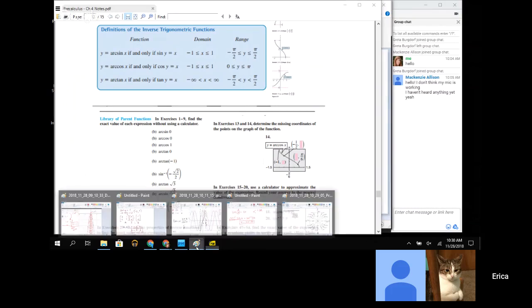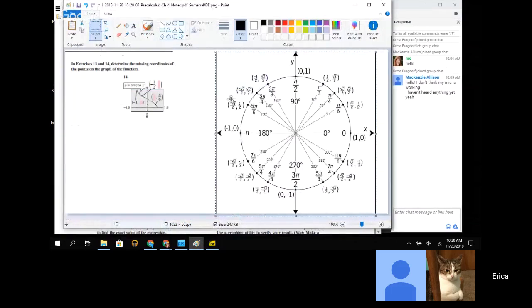That's important because if you look at your unit circle, it's only true on the top half. Everything down here you can't use for arc cosine or inverse cosine. You're only allowed to use the top part of your unit circle for that.